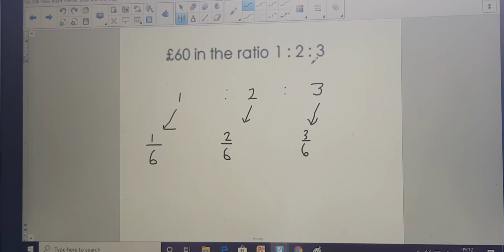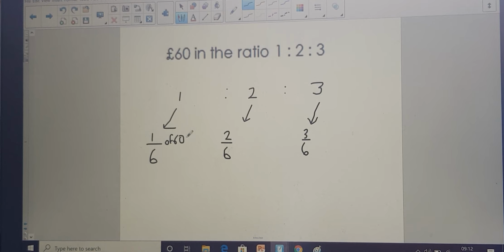Now, some individuals might want to, as you can see, the second two fractions you can simplify. That would be good if you did want to do that. So I've got 1/6. I'm not going to, just because I don't want to add another level of confusion just yet. This is 1/6 of 60, 2/6 of 60, and 3/6 of 60.